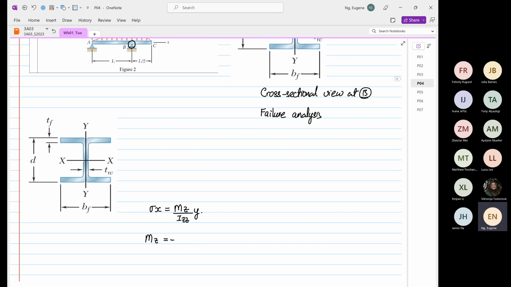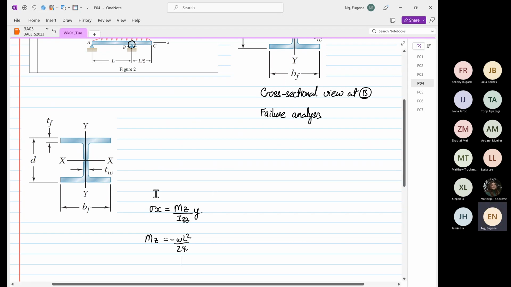So if you look at how this equation will distribute the normal stress.